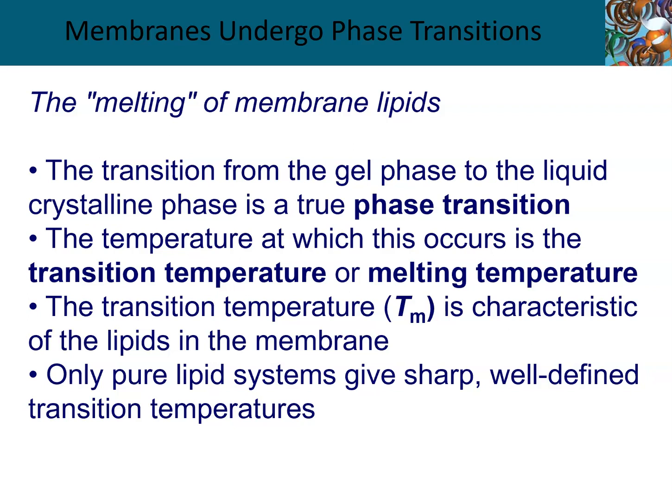When you have a biological system, it has a lot more diversity, and you're going to have a very, very, very broad transition. And that's important for biological function if you think of it, because you don't want a membrane to go from fluid to rigid instantly. You want to have some buffering of that transition.